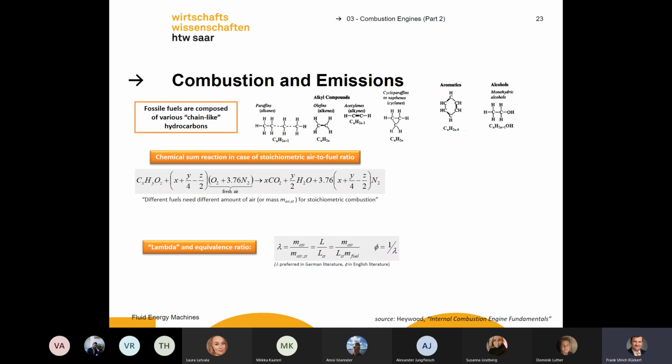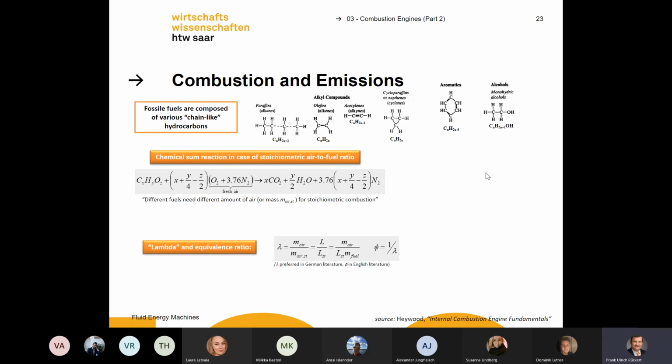It is mixed from different components, for example from alkanes, shorter or longer hydrocarbons, and even aromatics, and all these components change the combustion behavior a lot.